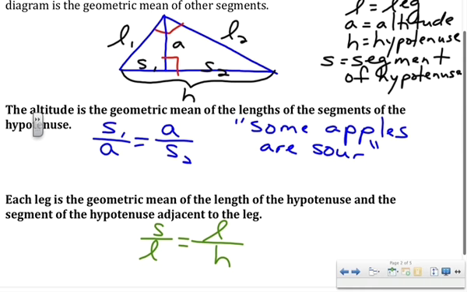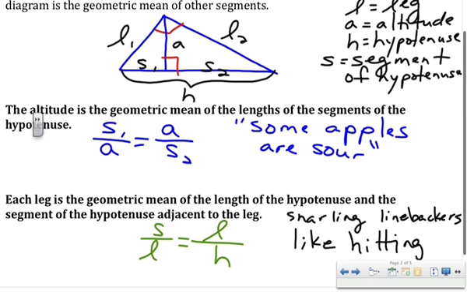Okay? So, my mnemonic device, again, best I can come up with, snarling linebackers like hitting. I had a student this morning come up with sweet lions like hugs.